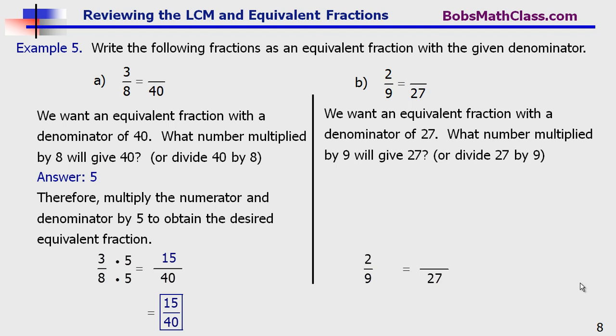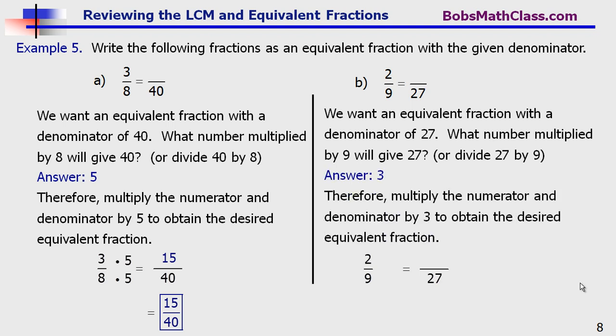Well, I don't know 9 times what number will give me 8,145, so I would just divide 9 into 8,145. Okay, so in this case our answer is 3. Multiply the numerator and denominator by 3. Whatever you multiply on the bottom, you have to multiply on the top. That gives you 6 over 27, and that is our answer.